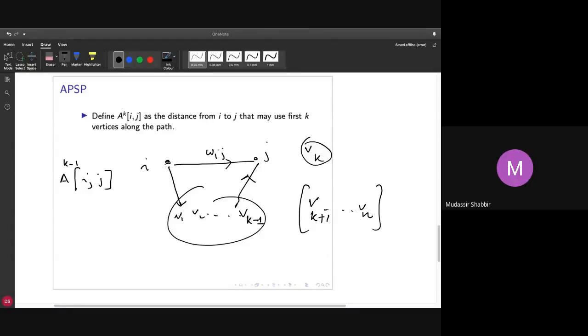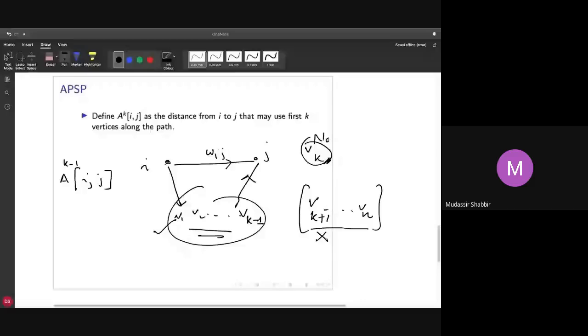So I have these two vertices i and j, and I want to find out their distance, which may use any of these vertices, which is now allowed to use this vertex, and which must not use any of these vertices. These are not allowed, these are already allowed, and this one is allowed now.